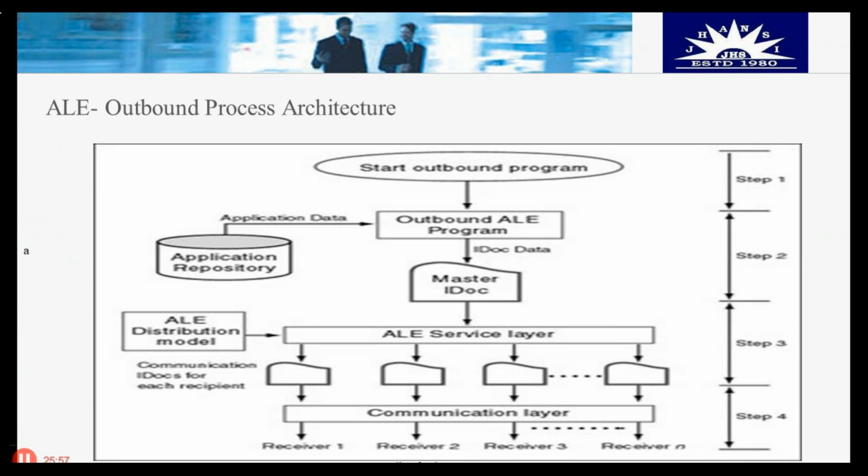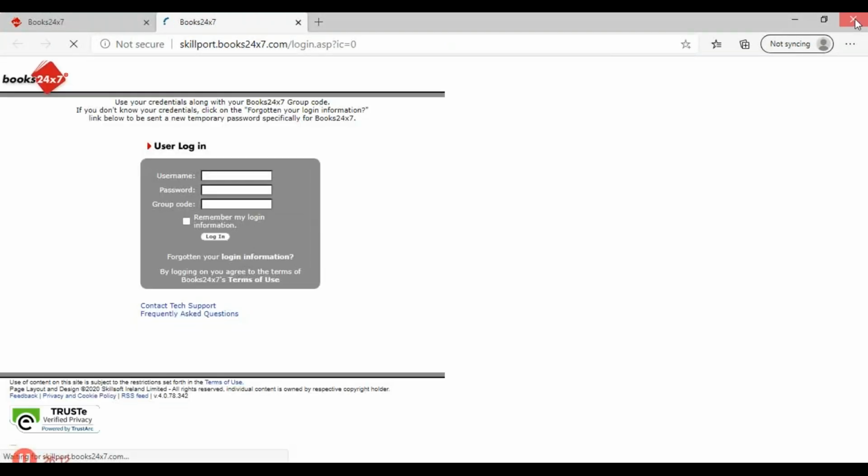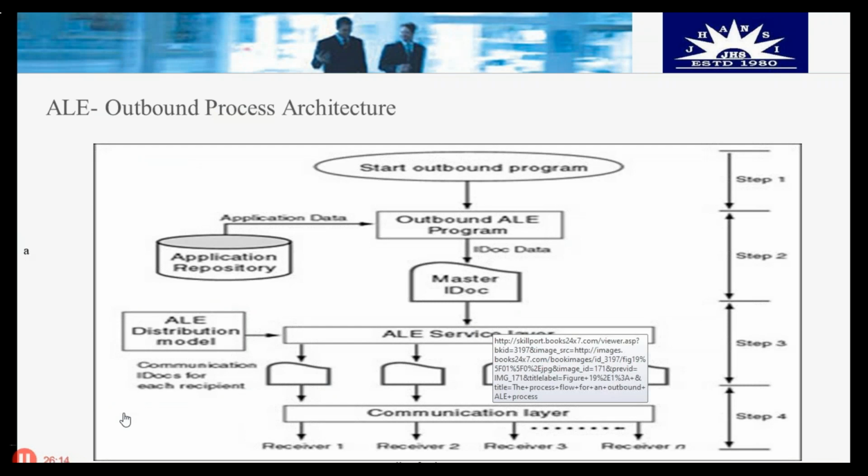So in this, we have the master IDoc. It will pass through the ALE service layer, which acts just like a filter. Then we see what is required for the receiving system and go ahead accordingly. The receiving system will get the communication IDoc.